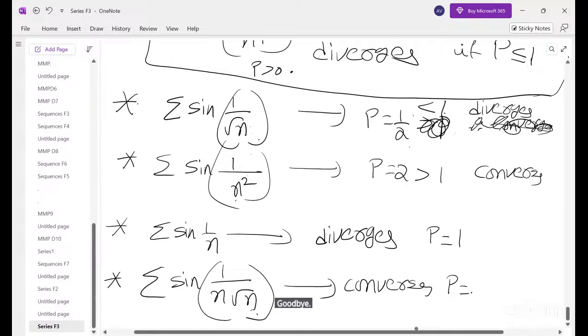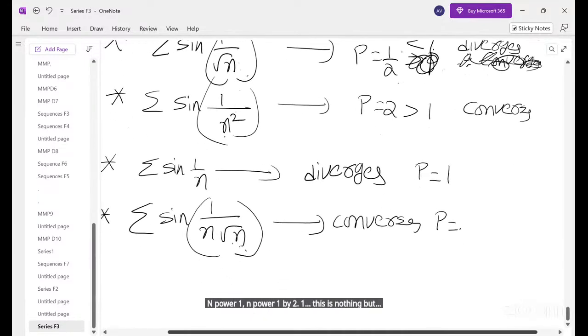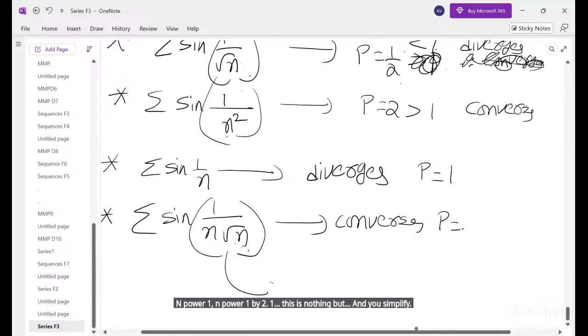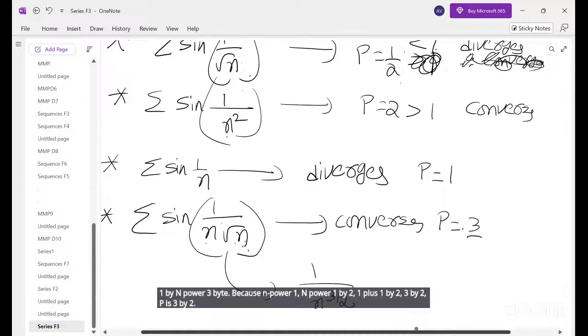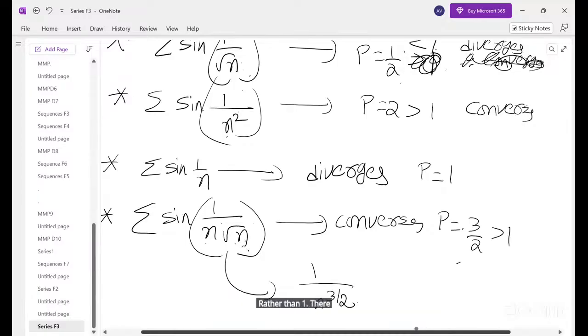N power 1 times n power 1 by 2, when you simplify, is 1/n^(3/2), because 1 plus 1 by 2 is 3 by 2. P is 3 by 2, greater than 1, therefore converges. Like this we can answer.